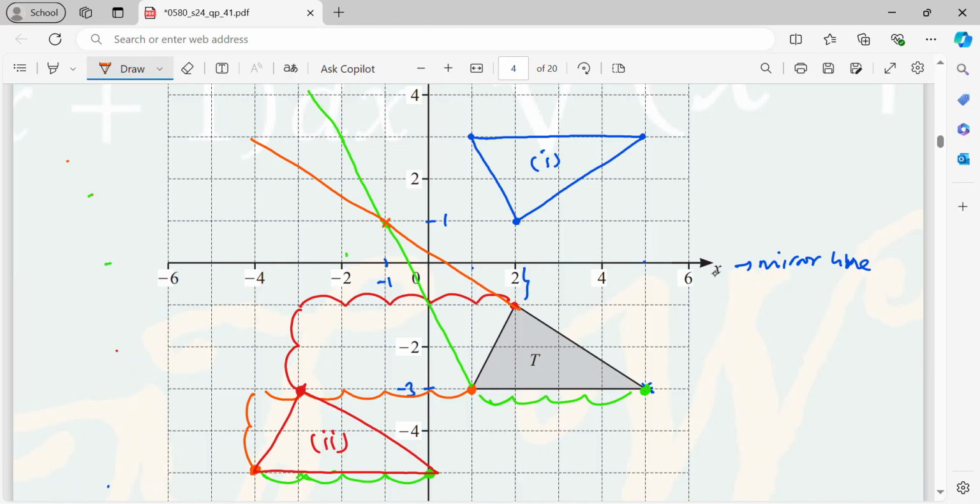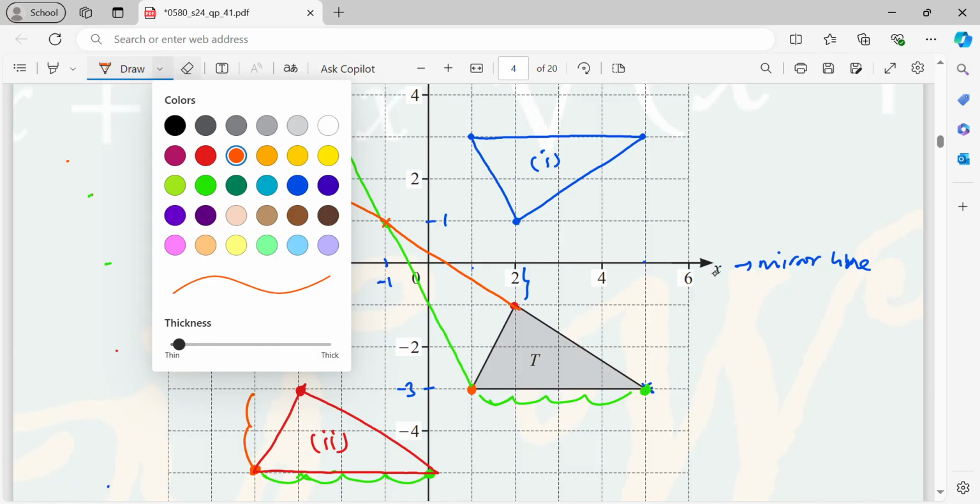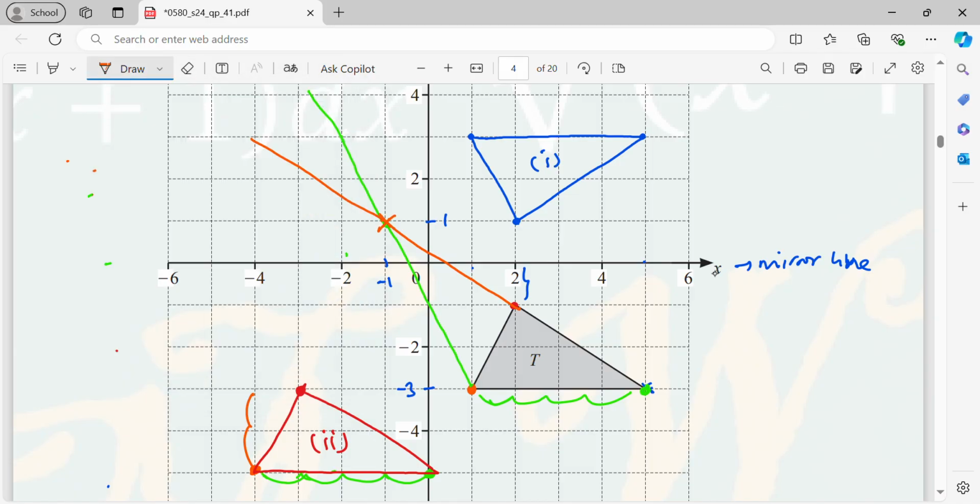Basically, if you use the counting method, I erase all this. So for the orange line, for this point, you can count 1, 2, 3, 3 units to the left, then 2 units up. Okay, 3, 2.